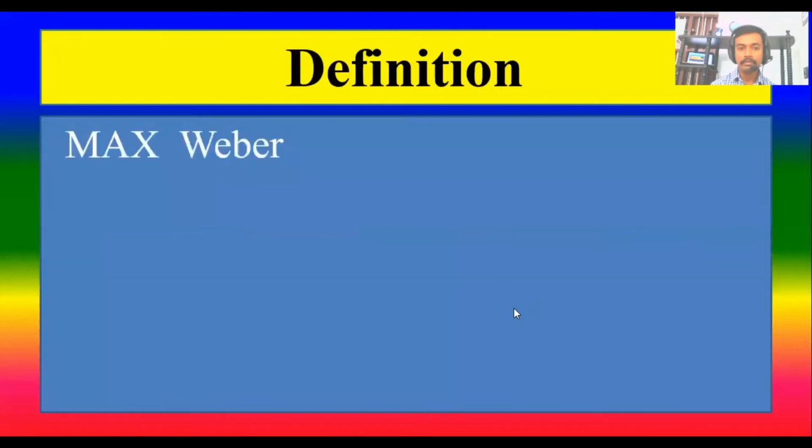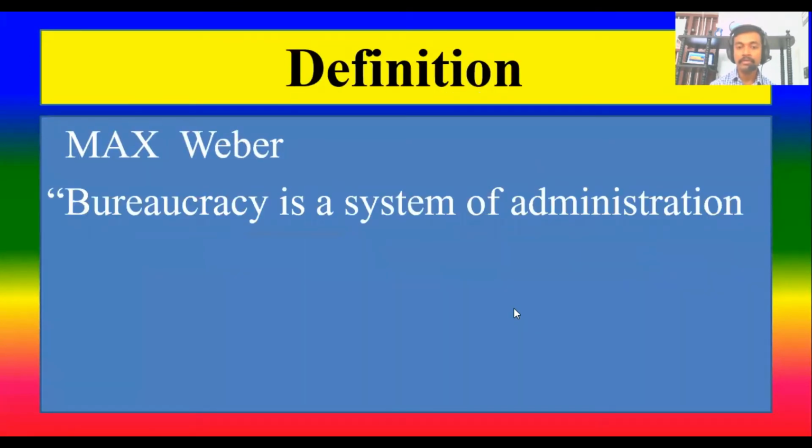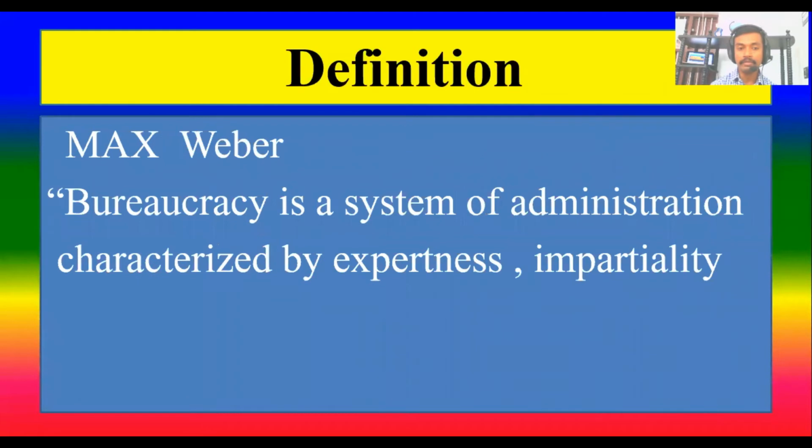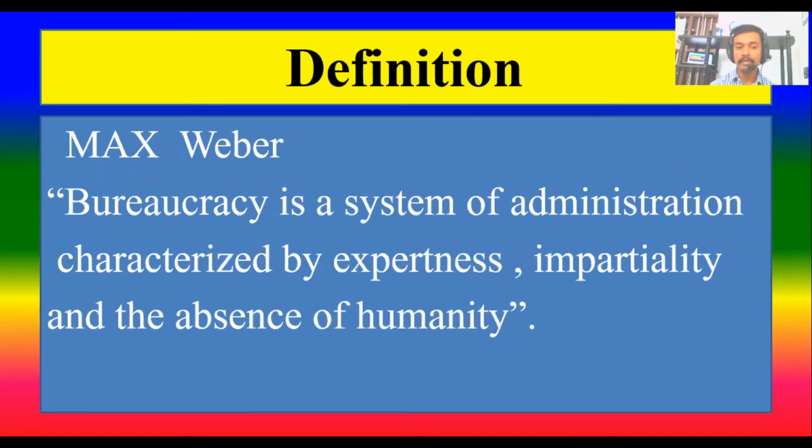Definition, Max Weber: bureaucracy is a system of administration characterized by expertness, impartiality, and absence of humanity. The reason is that the bureaucrat only implements the law, which was made by legislators.